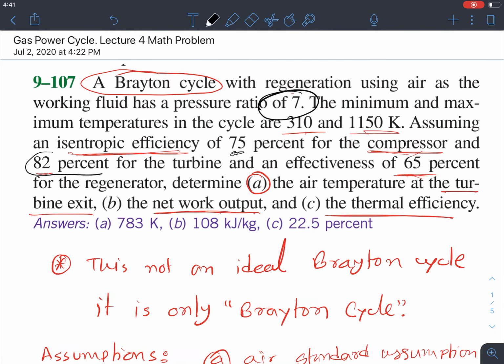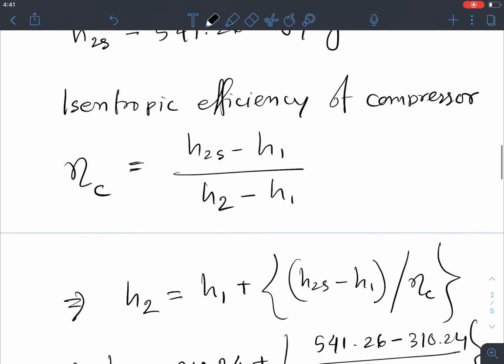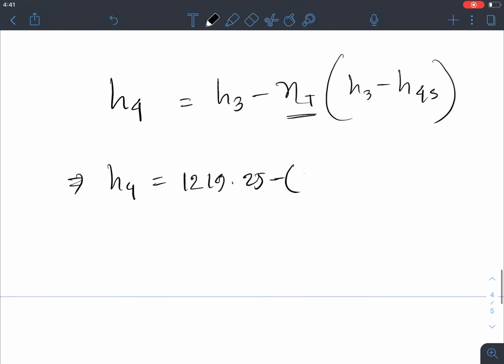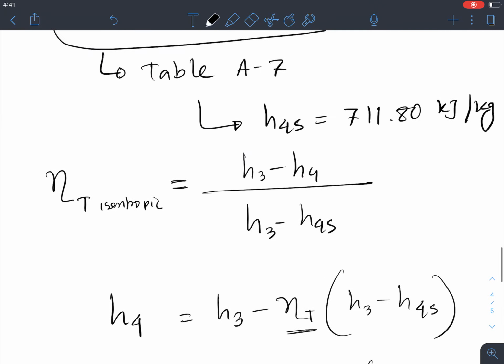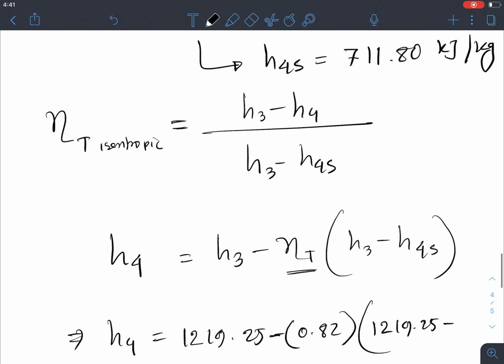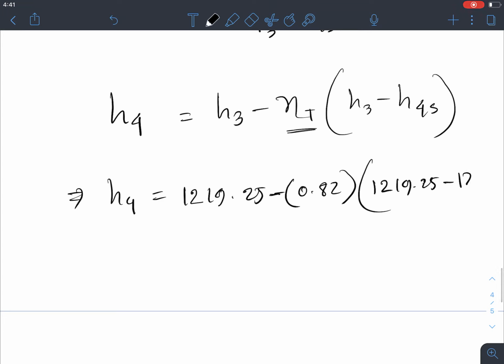The efficiency of the turbine here is 82%, so 0.82 times H3, we got 1219.25, minus H4S, we got 700.